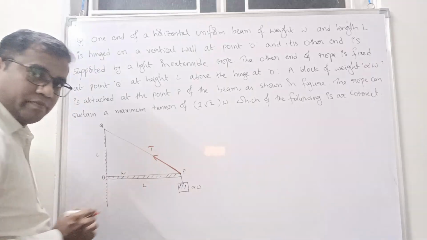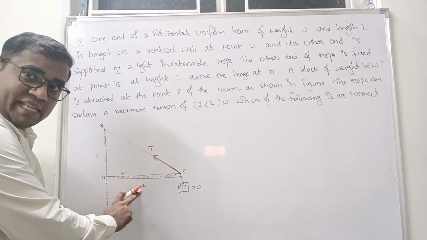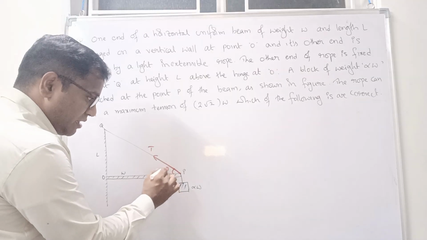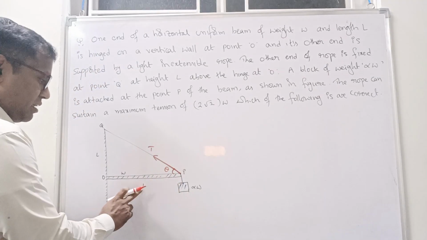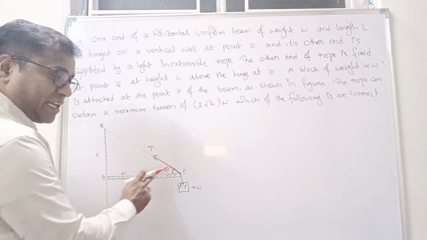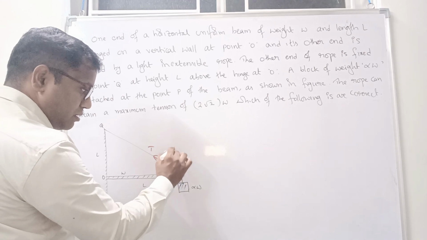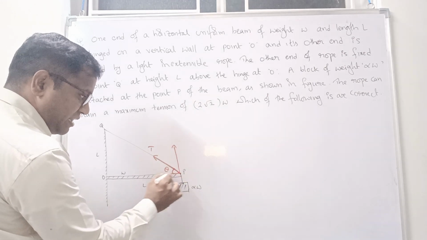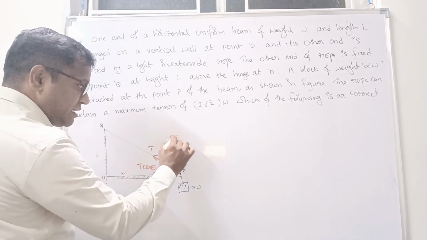Here this is L, this is L, so theta is equal to 45 degrees. If we resolve this T into two components, in this direction T cos theta and in this direction T sin theta.